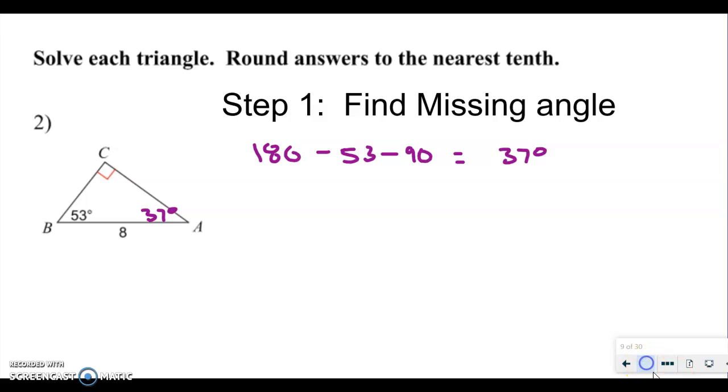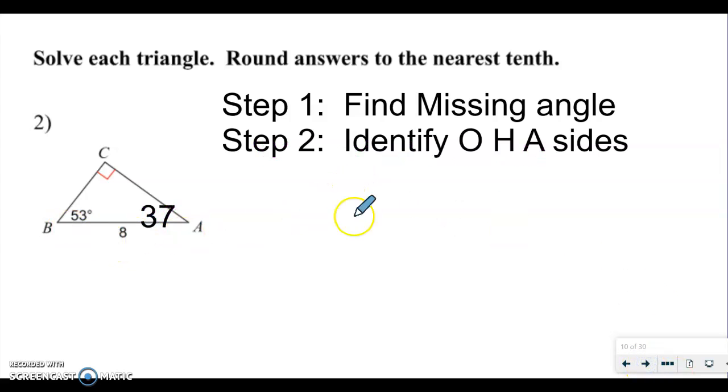Okay. All right, so after we do that, we identify the opposite and hypotenuse side to it. So we're looking at angle B in this case. This is your hypotenuse. This side is your opposite, and then this side is your adjacent.